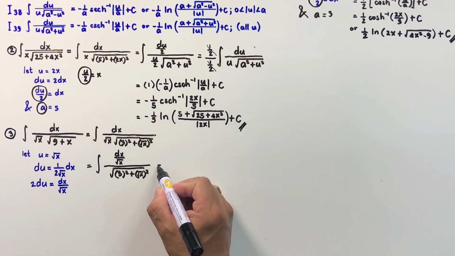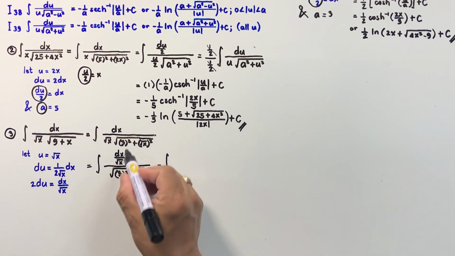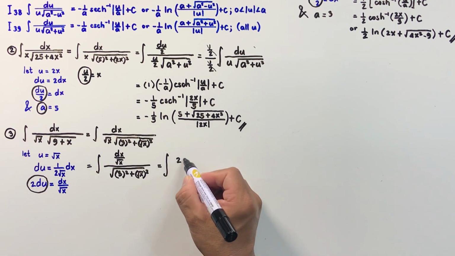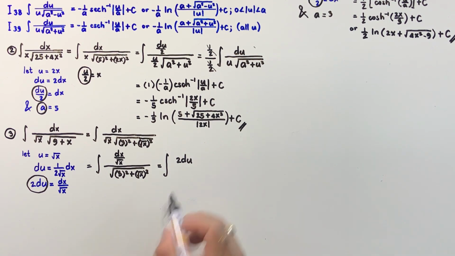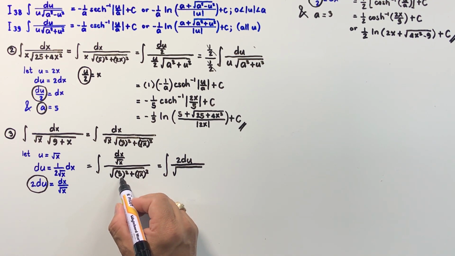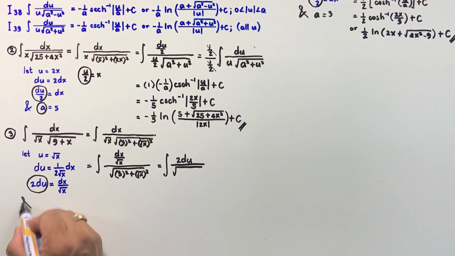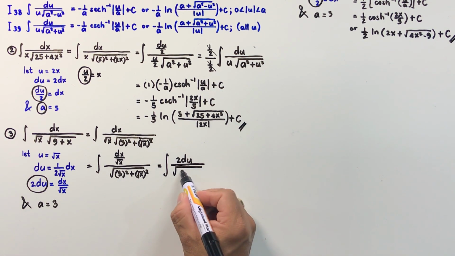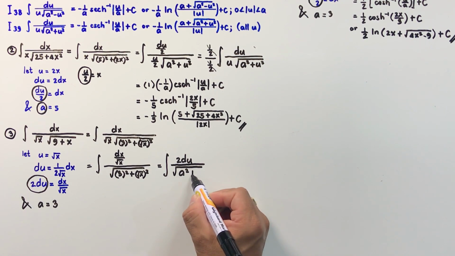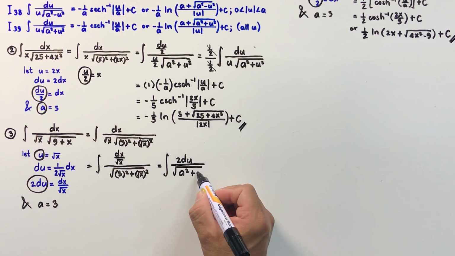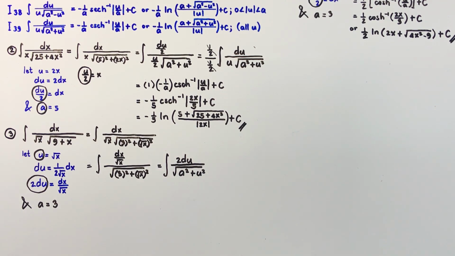And by substitution, this dx over the square root of x is our 2 du there. And the denominator, which is the square root of 3 squared, but 3 is our a here. So this becomes a squared plus the square root of x, which is our u now. So this is u squared.